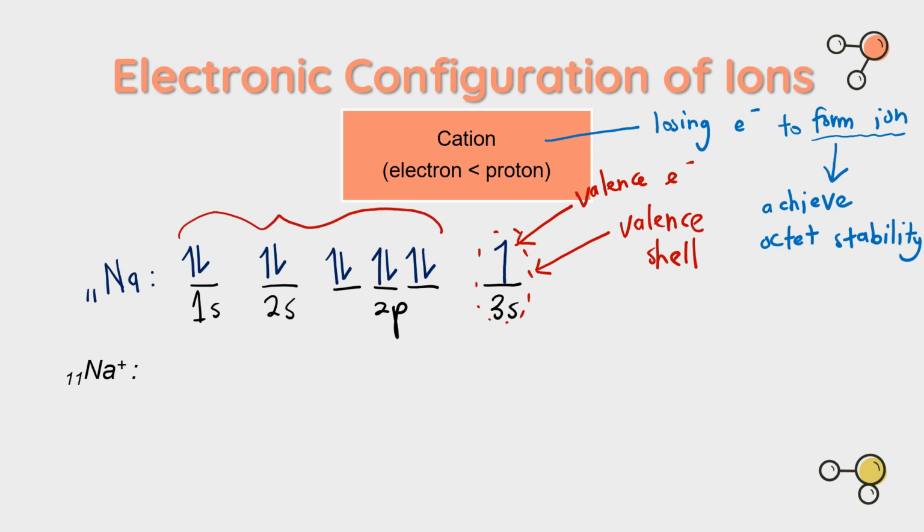And all these orbitals are called the inner shell. In order to form a cation, that is, removing an electron, the process will occur at the valence shell. So in this case, in order to form the Na+ ion, we need to remove one electron from the sodium atom.